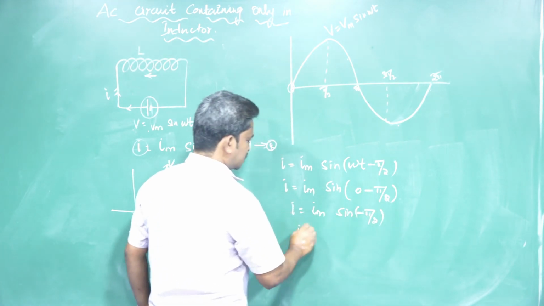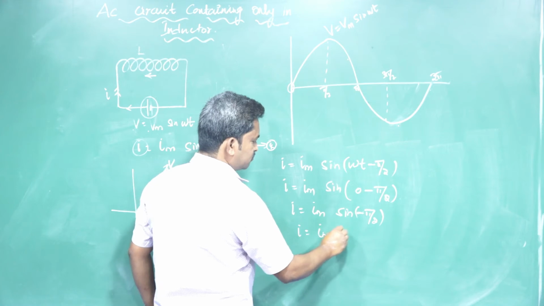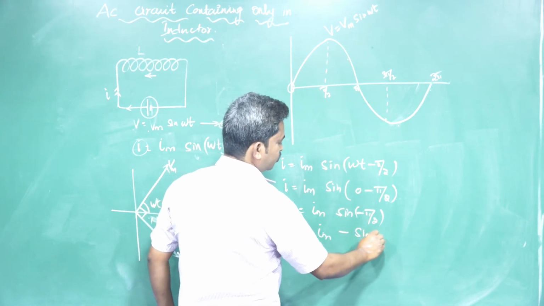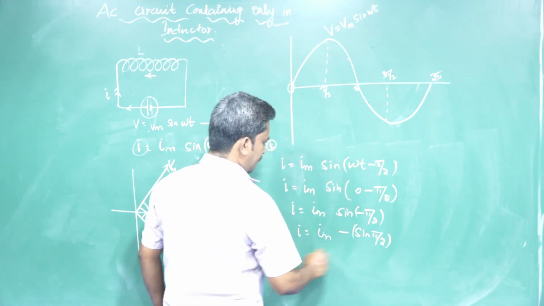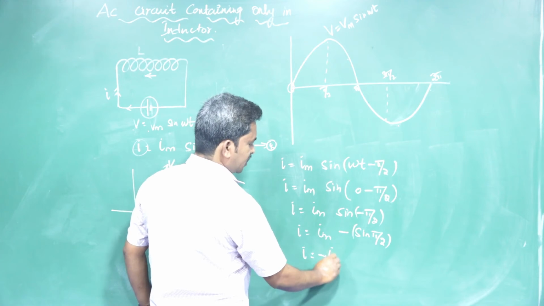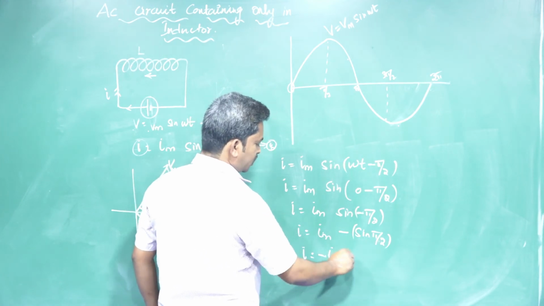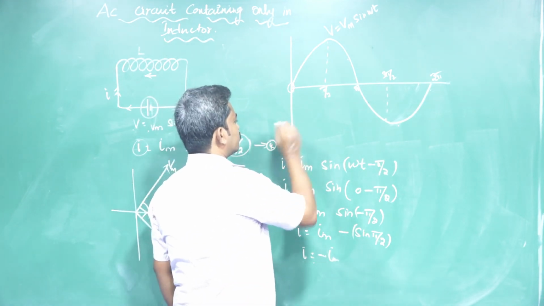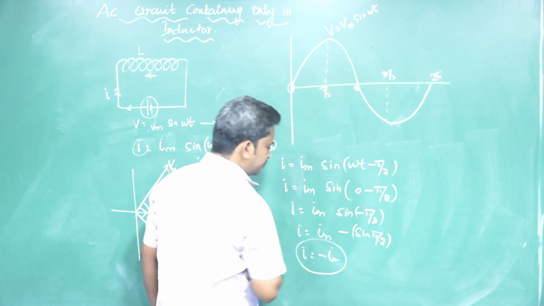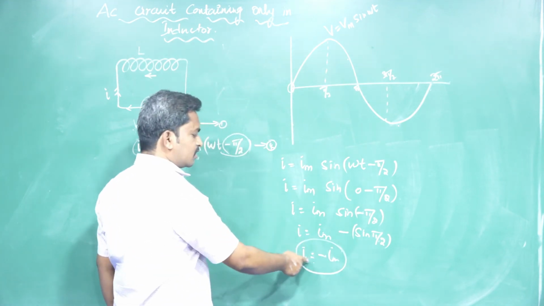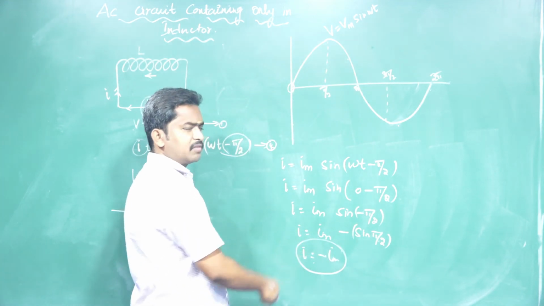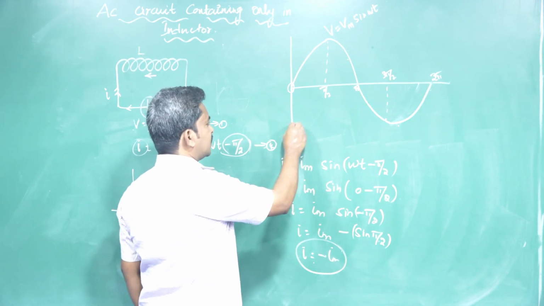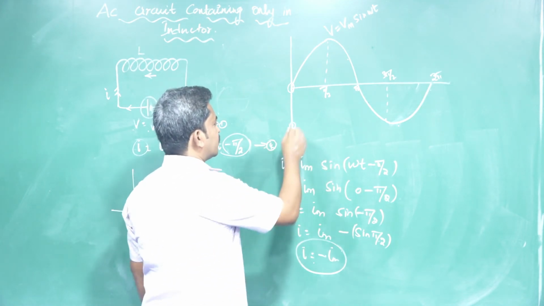So I is equal to Im times minus sin pi by 2. Sin pi by 2 value is 1. So I is equal to minus Im. So this is negative. The current is at maximum in negative. Maximum in negative.